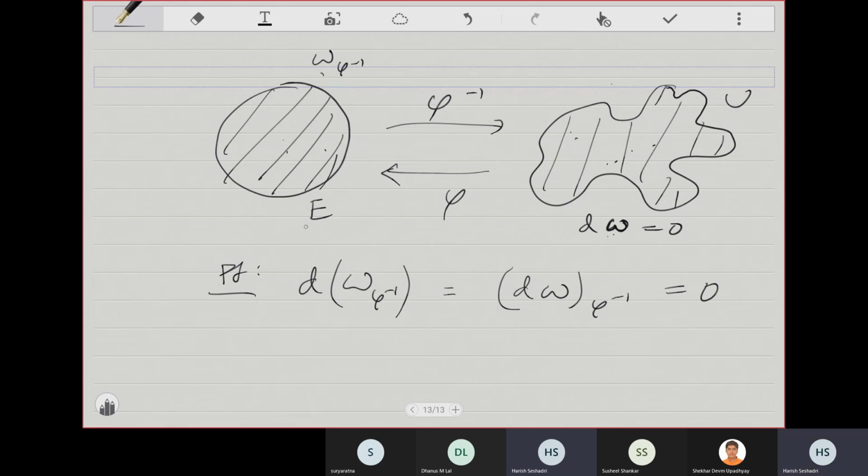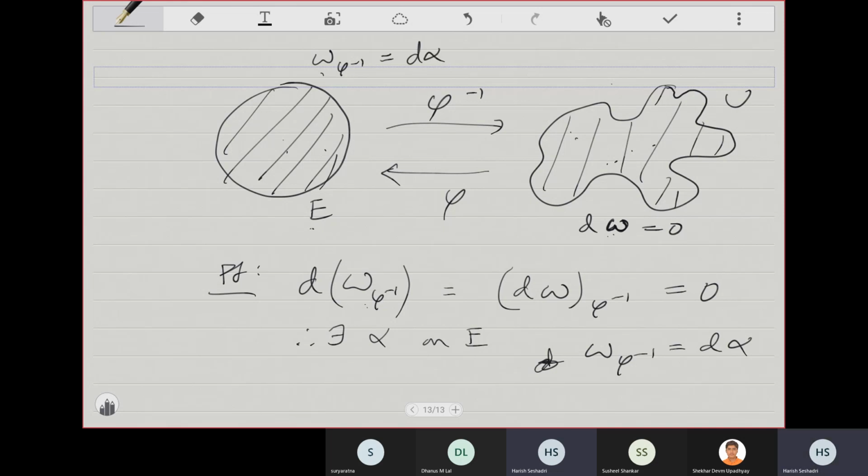Applying the theorem to E and to this pullback form, there exists alpha on E, some form of some degree, such that the pullback form is equal to d alpha.